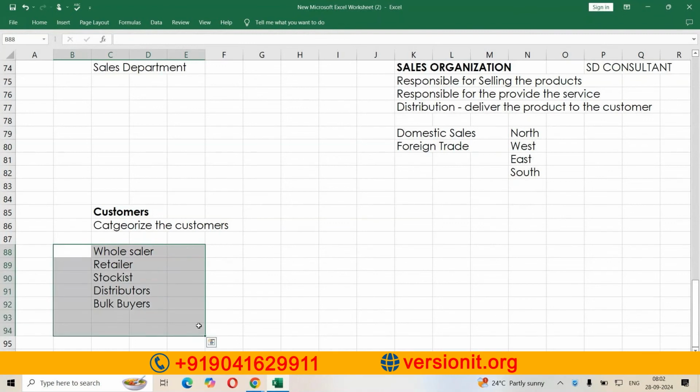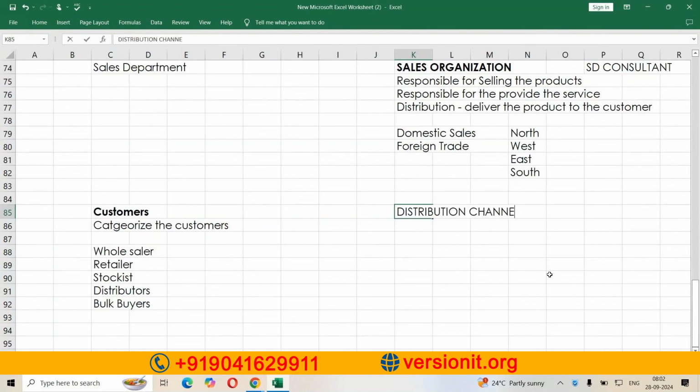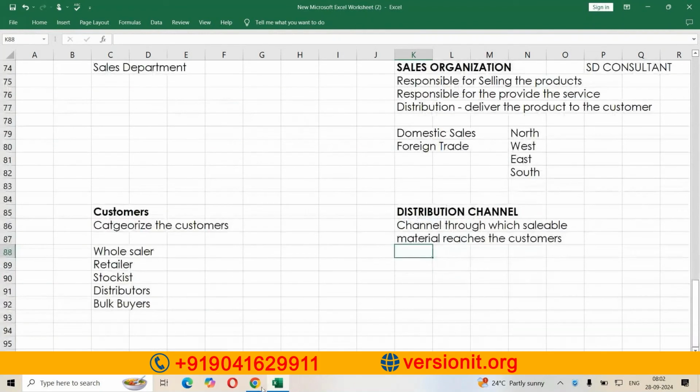These things in SAP we name the distribution channel. When we talk about the distribution channel, this is nothing but the channel through which saleable material reaches the customer. We call it the distribution channel.